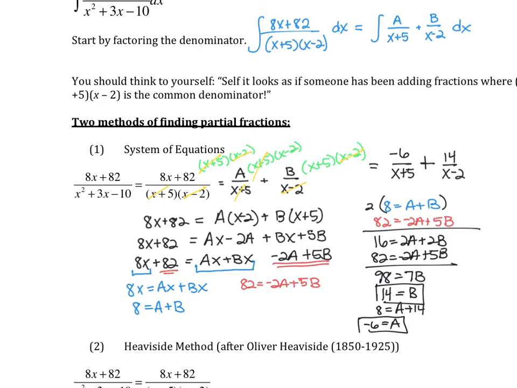So this is the fraction decomposition. Now I'm not actually going to integrate it just yet. I want to show you one other method.